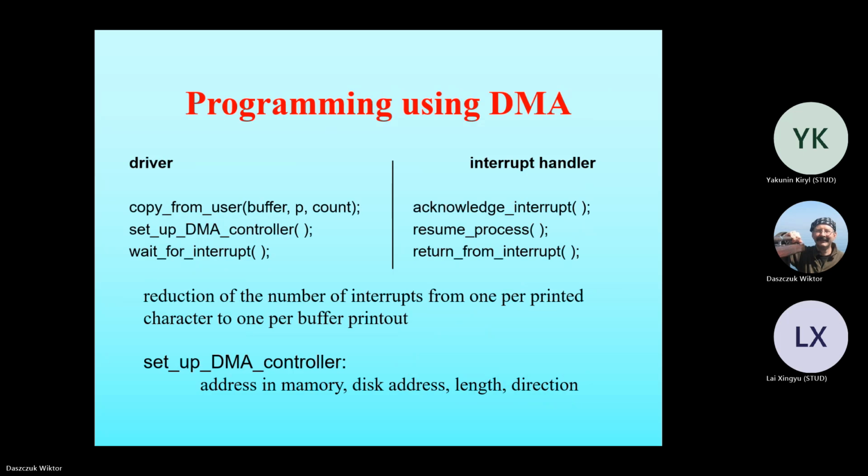Okay. And this is a DMA-based operation. It is extremely simple because we just copy data from user space, we set up the DMA controller, and we wait for a single interrupt.